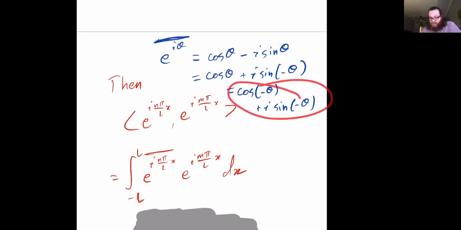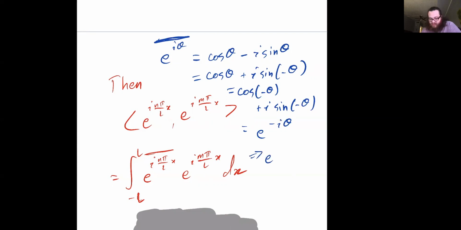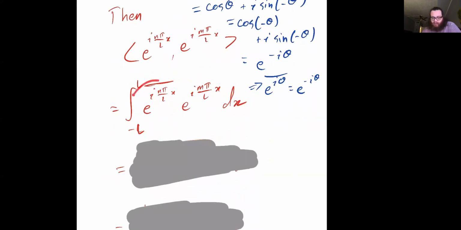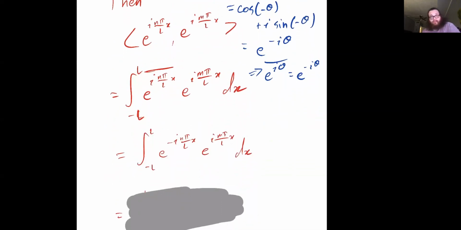Well, this expression is familiar. This is just e to the minus i theta. So this tells us that the complex conjugate of e to the i theta is e to the i times minus theta, or e to the minus i theta. Okay. So going back to this integral, making that conversion here, keeping everything else the same, we're going to end up with this.